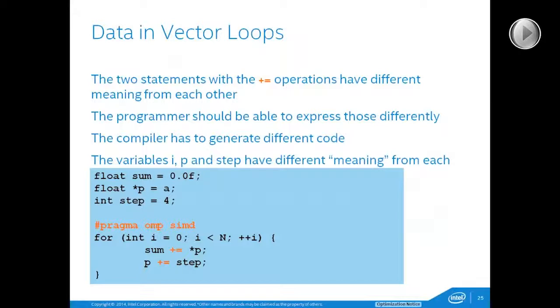Actually, what's happening with every iteration is, well, there's a reduction happening on the sum variable, but in the case of p, you are incrementing linearly by a stride of 4. So obviously, if you want to use pragma omp simd, the right clauses which would explain the behavior to the compiler are the reduction clause with the plus operator on the variable sum, and a linear clause on the variable p with a stride of step.